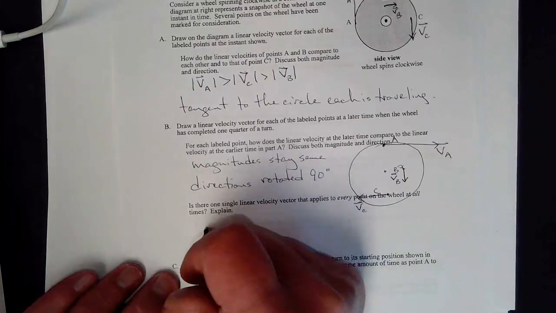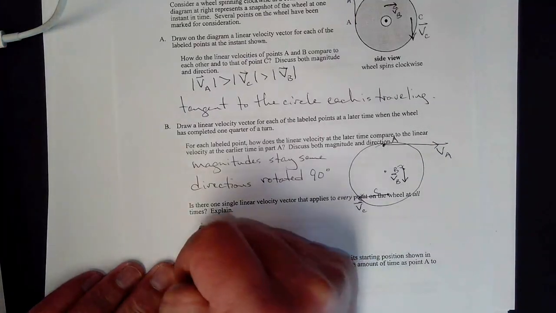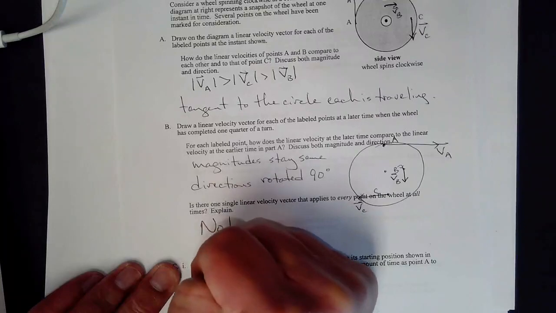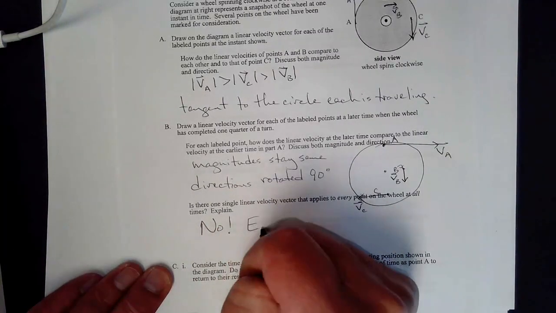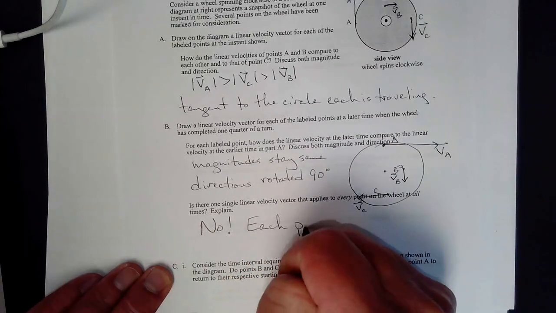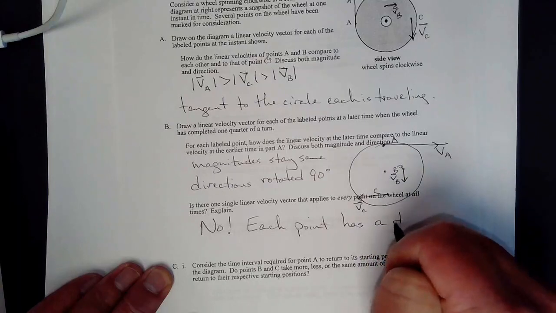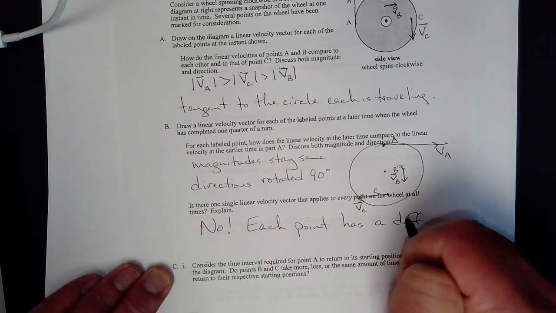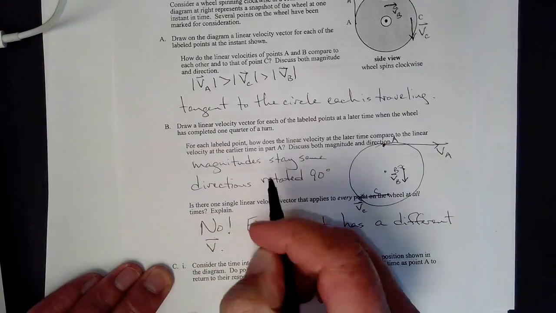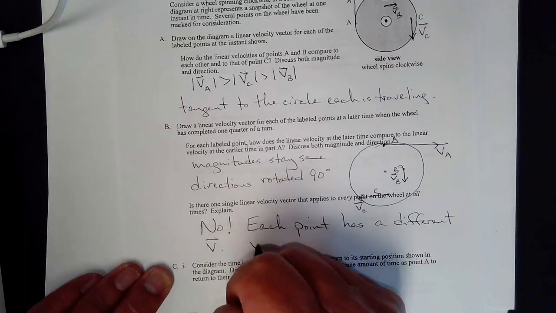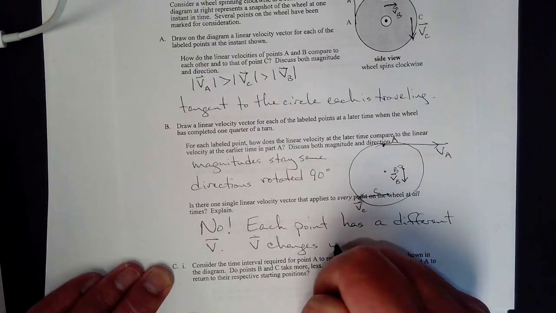So the answer to this question, is there a single linear velocity that applies to every point? Not only no, but heck no. Okay? First of all, each point has a different velocity, and the second point is that that velocity changes with time.